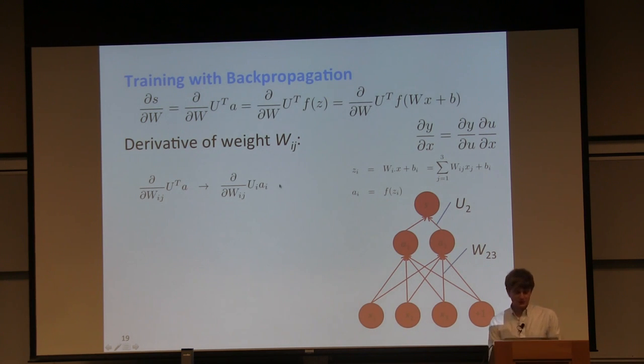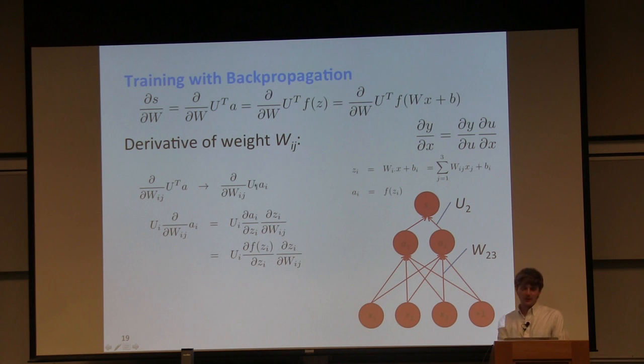So let's look at the derivative, the partial of ui times ai with respect to Wij. Well, ui is just a constant in this case, so we can just pull that out. And then look at the derivative of ai with respect to Wij.